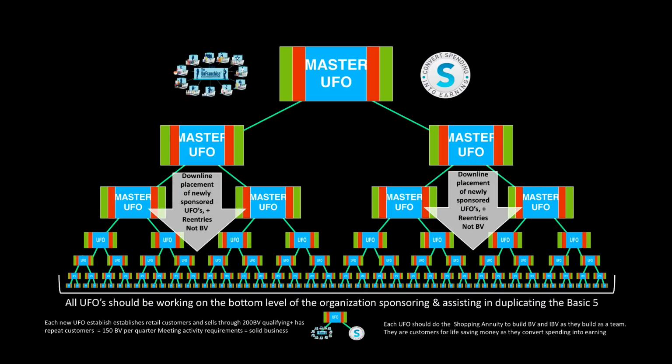So downline placement of newly sponsored UFOs and reentries, not BV, is a solid building principle, because it's placing at the baseline or the foundation regenerated volume, production, rather than dilution. So you're getting more and more compounding of business by placing people that are doing the business by continuing to sponsor down below.